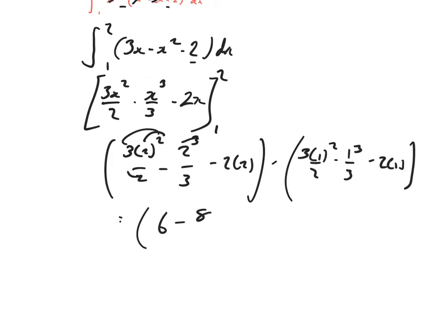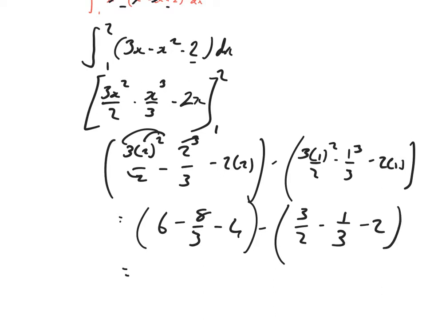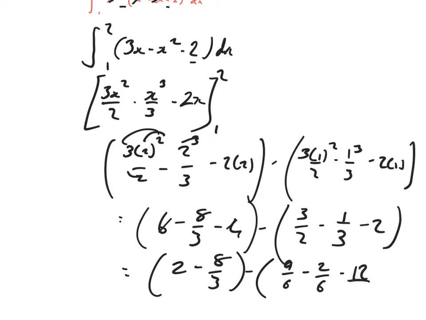Minus 2 cubed is 8 over 3 minus 4, minus open up. 3 over 2 minus 1 over 3 minus 2. Okay, so 6 minus 4 is 2, so that's 2 minus 8 thirds. Minus, let's change this to sixths. So that'll be 9 sixths minus 2 sixths minus 12 sixths.